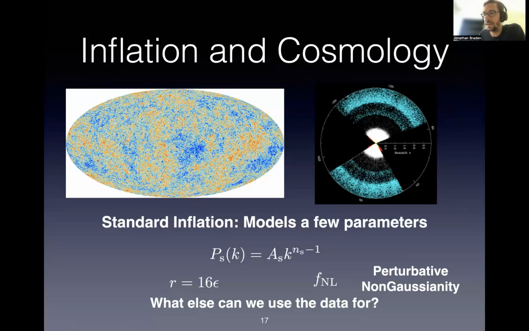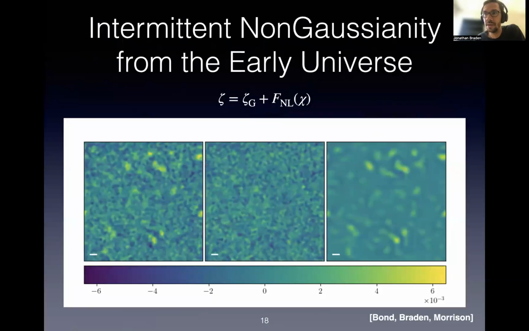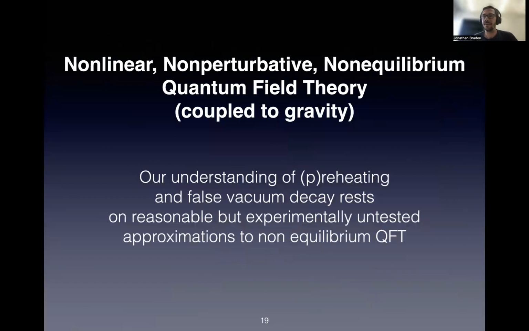If you see a signal, you're going to tend to believe it a lot more than if you just do a pure data mining exercise. And it also allows you to place constraints on these scenarios, okay? And so I just want to point out that, yes, it is possible, by studying nonlinearity in the early universe, to get really interesting signatures that are not within the standard framework that people use to study non-Gaussianity. All right. So hopefully that's good enough motivation for why we should care.